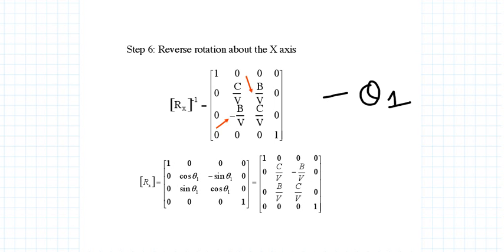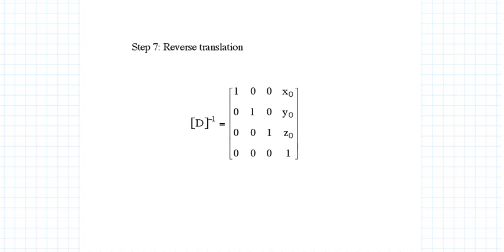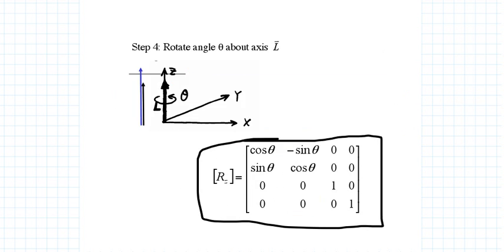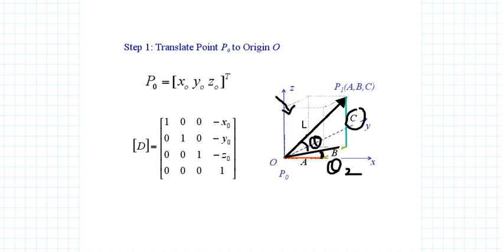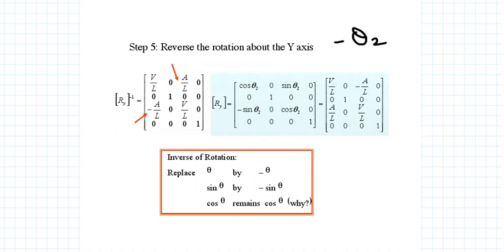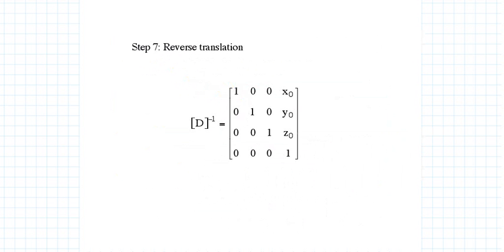This is going to be a rotation matrix. Lastly, you need to translate everything back so that you get your arbitrary axis back where it actually used to be. That means you need to apply a translation by x0, y0 and z0.